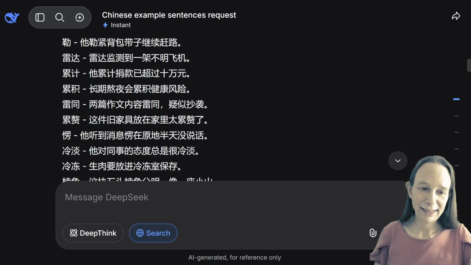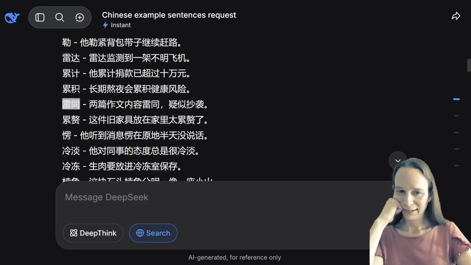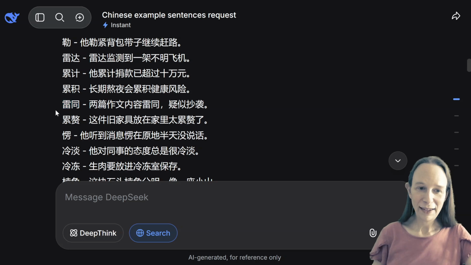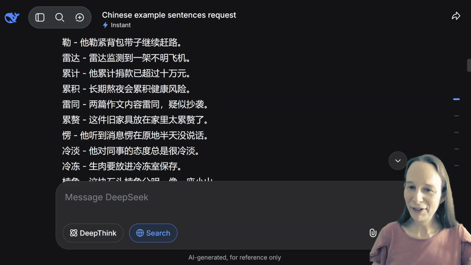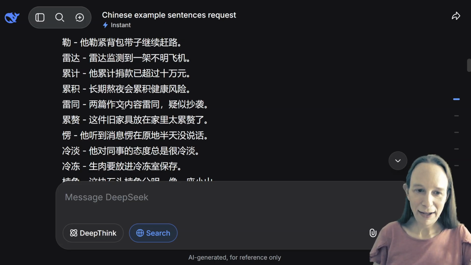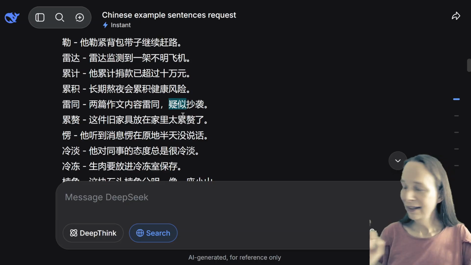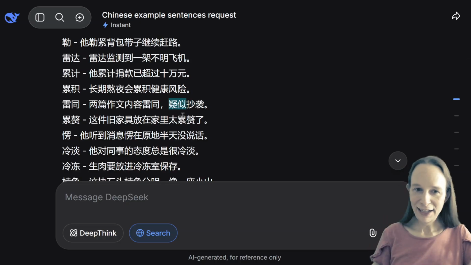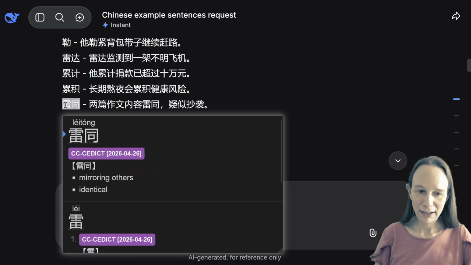All right. 雷同. Thunder same. I've got nothing. 雷同 must be a transliteration or something, right? 这篇作文内容雷同. OK. 疑似抄袭, so suspected of plagiarism. 雷同, identical.